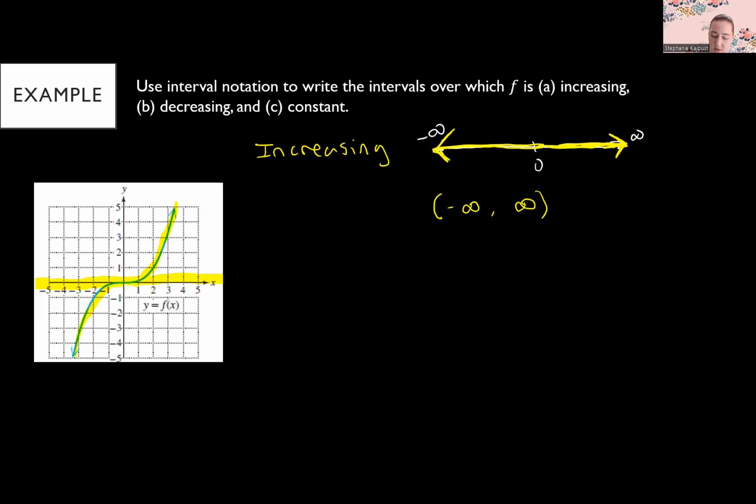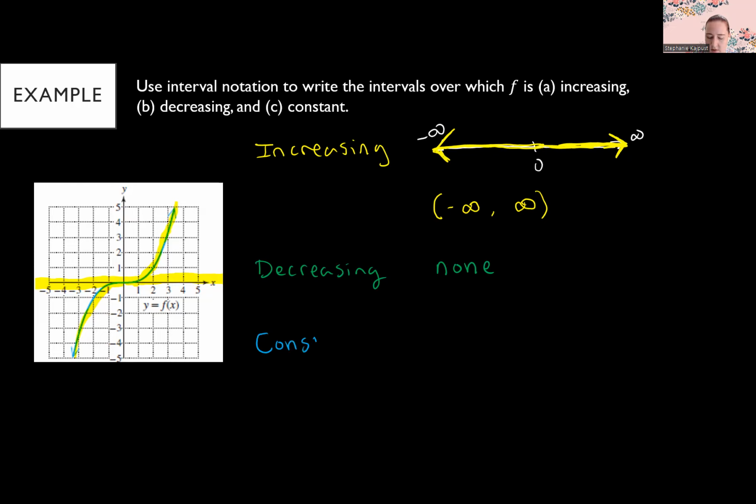So what does that mean for decreasing and constant? So if it says, what is decreasing, we will say none, or there will be no intervals. You need to still specify that when you're asked a question like this, because you want to make it clear that you understand that there's no decrease, not that you just didn't answer it.